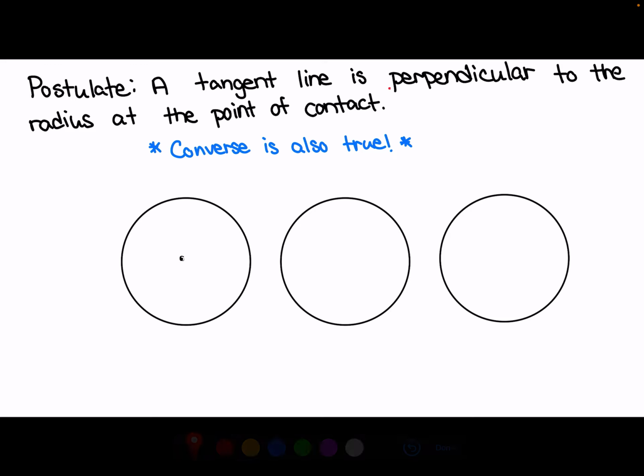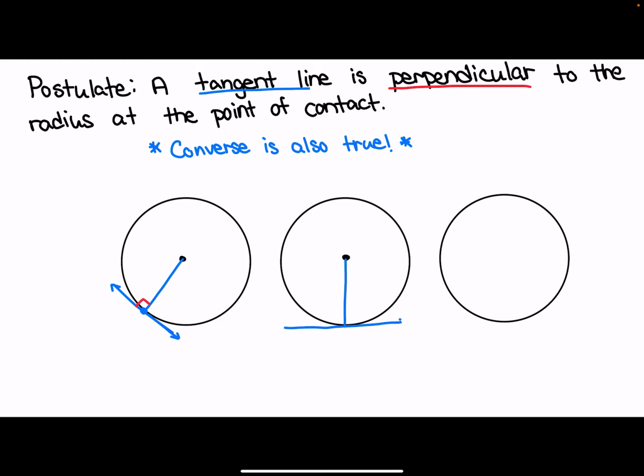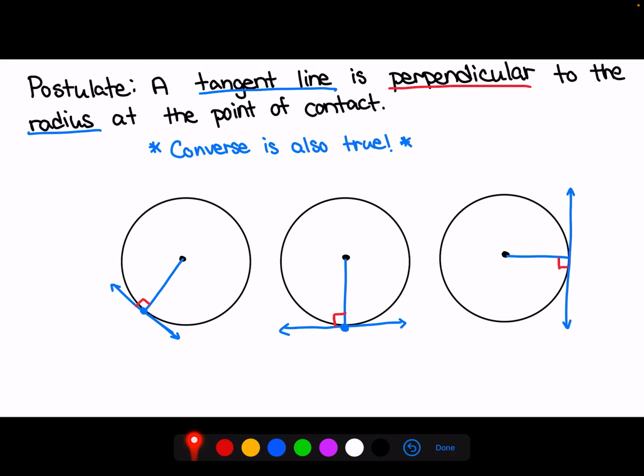If I have a tangent line, meaning a line that touches our circle at 1 point, and again, the tangent line is always outside the circle, it will always be perpendicular to the radius of the circle. And the point at which it is perpendicular is the point of intersection, where the tangent line and the radius intersect, also known as the point of contact or the point of tangency.